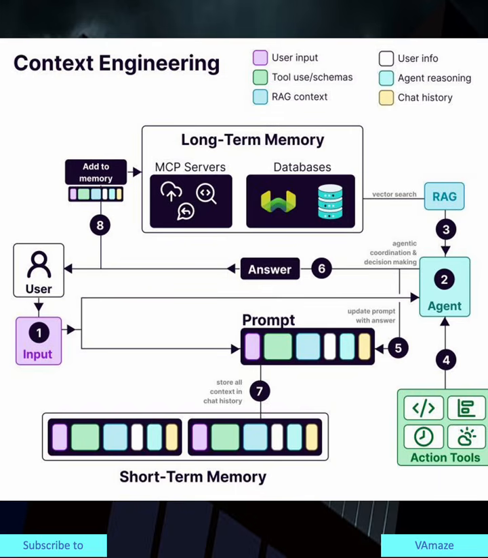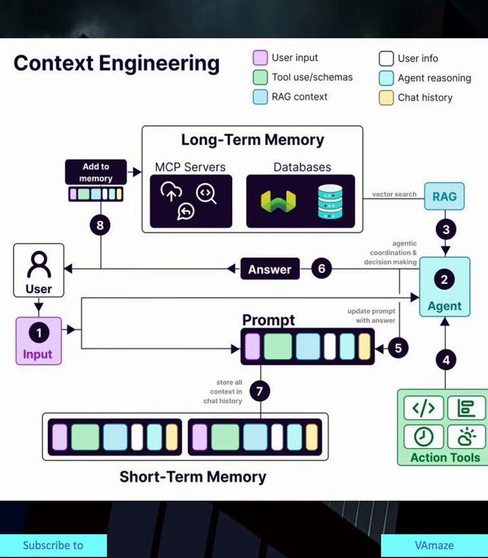The technical implementation, architecture for intelligence. Vector database integration. Modern context engineering requires sophisticated vector database implementations that can perform semantic search, maintain embeddings consistency, and handle dynamic knowledge updates without degrading retrieval quality. Memory management systems. Effective memory systems must balance retention with forgetting, personalization with privacy, and accuracy with adaptability.